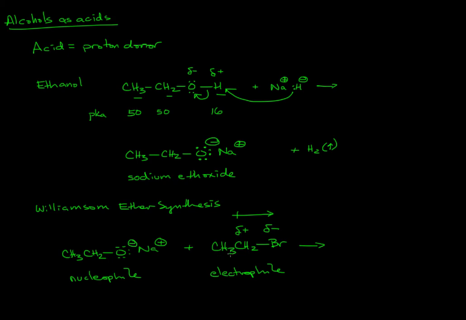When you mix these in the reaction, it's going to undergo an SN2 mechanism. The curved arrow is going to start at the electron density and attack the carbon bearing a good leaving group. So bromide will then leave. This is an SN2, substitution nucleophilic bimolecular reaction.